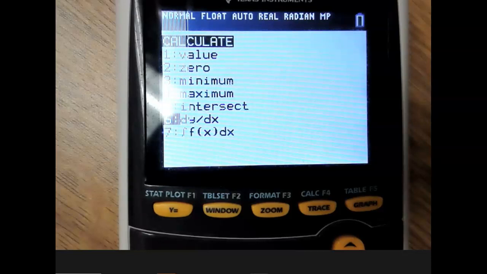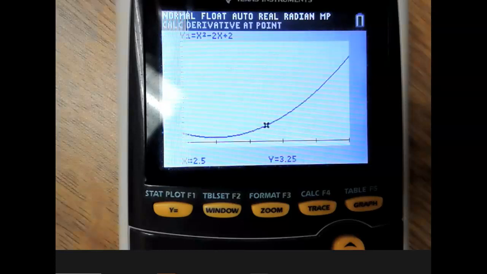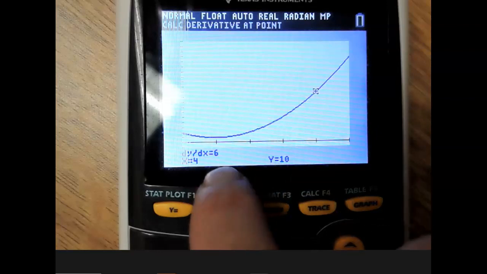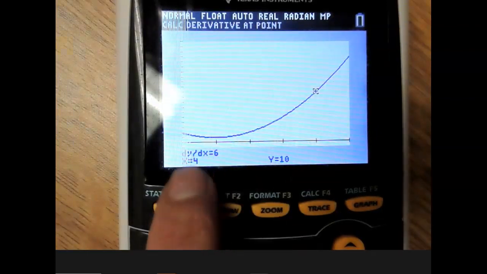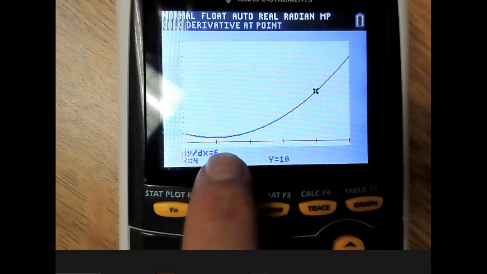So if you wanted to know a derivative value from a graph, you could do option 6. So let's say I wanted to know what the derivative was at 4. The derivative of this function at 4 is 6. It's whatever that dy dx equals.